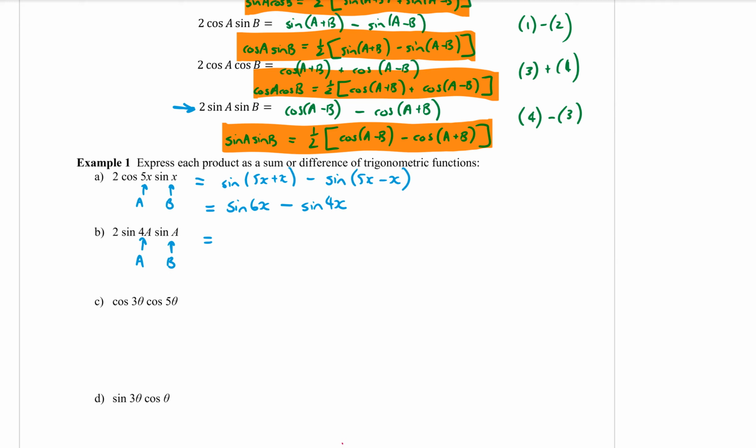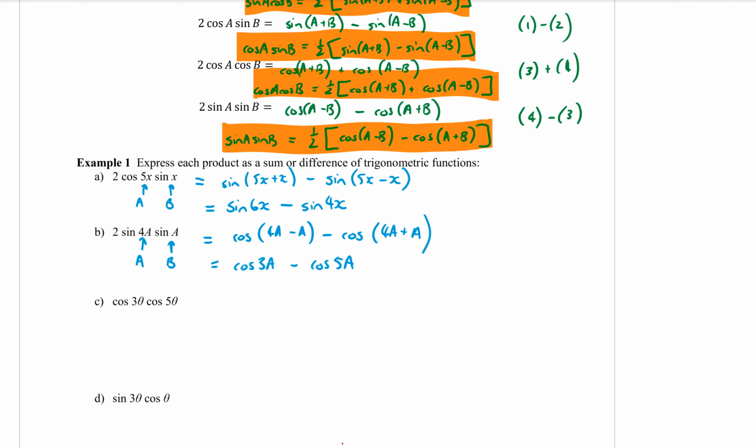Using the formula, that will become cos of 4a minus a, then minus cos of 4a plus a. All right, that becomes cos 3a, and 4a plus a becomes 5a.